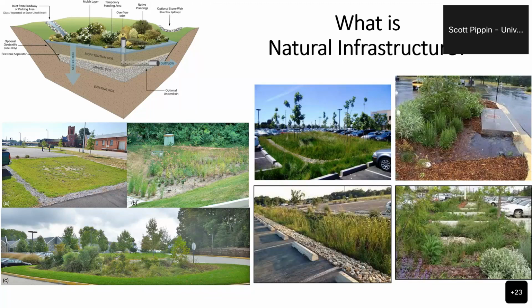It integrates plants and living material with things like gravel and pipes and traditional infrastructure elements so that it provides a more robust suite of services, everything from cleaning the water and increasing evapotranspiration so there's less runoff into the stormwater system, but also providing habitat for pollinators and other species, as well as the aesthetic and economic benefits that come from a more aesthetically pleasing parking lot or landscape. So it's about developing infrastructures that serve a variety of goals and enhance resilience by thinking through how these investments can tackle a number of challenges.